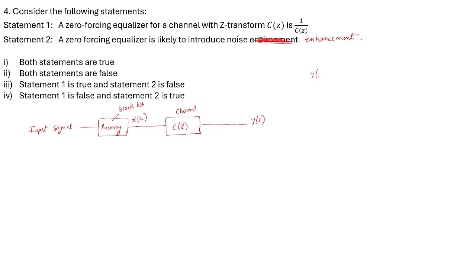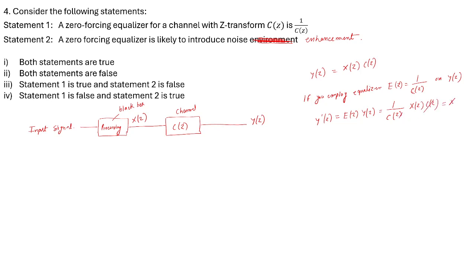Your Y(z) is going to be X(z) times C(z), and if you employ the equalizer E(z), which is given as 1 over C(z), on Y(z), then your Y'(z), which you obtain by combining E(z) with Y(z), is going to be 1 over C(z) times X(z) times C(z), and they basically cancel out. So this is the ideal zero forcing case.